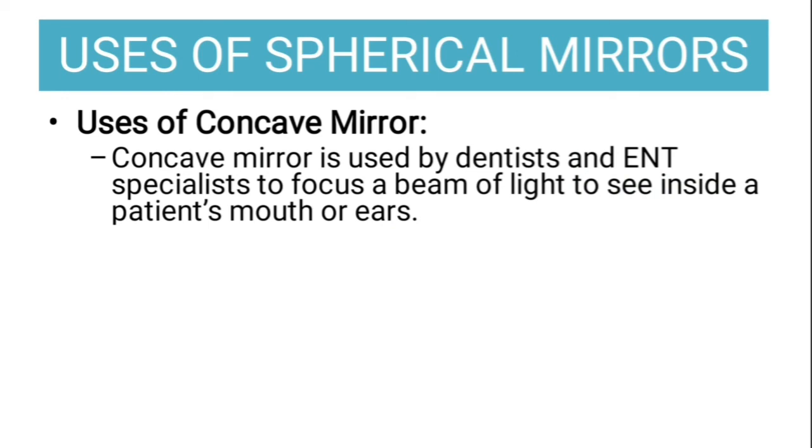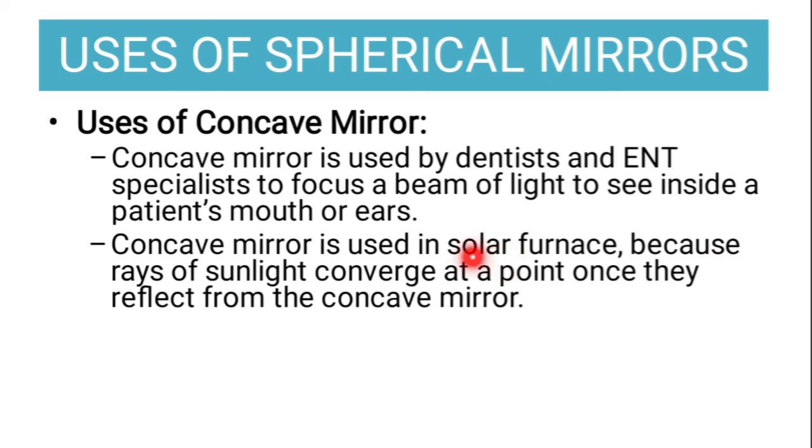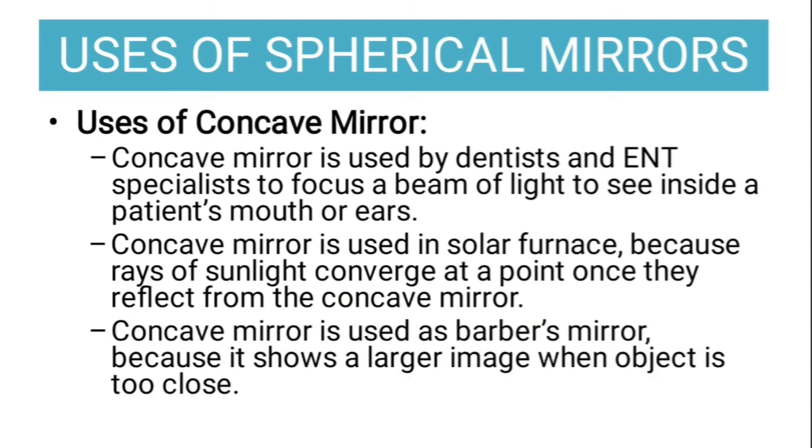Then a concave mirror is also used in a solar furnace because the rays of sunlight converge at a point once they reflect from a concave mirror, and thus it can be used to increase the amount of heat energy.